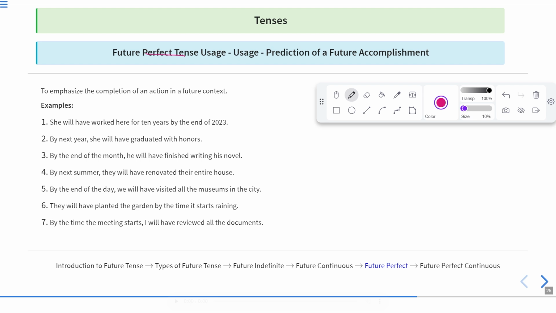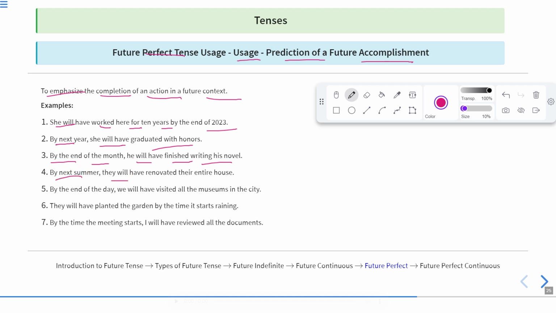Here, future perfect tense is used to show the prediction of a future accomplishment, to emphasize the completion of an action in the future context. We write these types of sentences also in future perfect tense. She will have worked here for 10 years by the end of 2020. By next year, she will have graduated with honors. By the end of the month, he will have finished writing his novel.